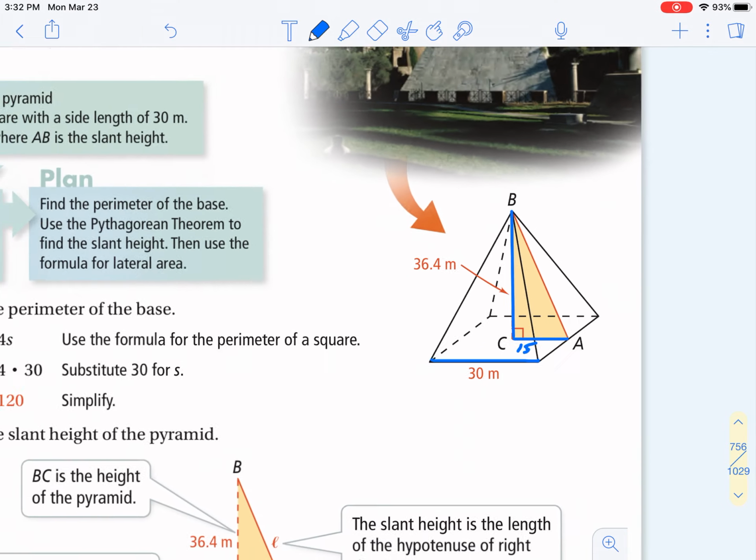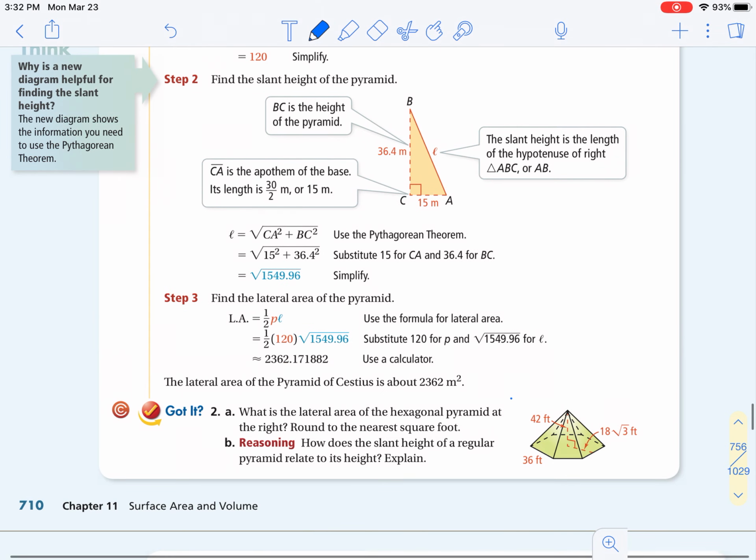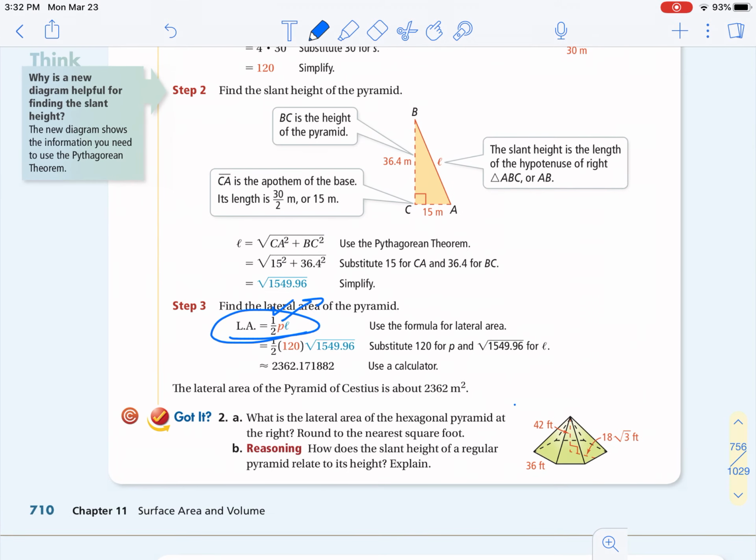Let's take a look at our formula for lateral area. Lateral area is half, that's easy. Perimeter is 30 times 4, and that's how they get the 120.